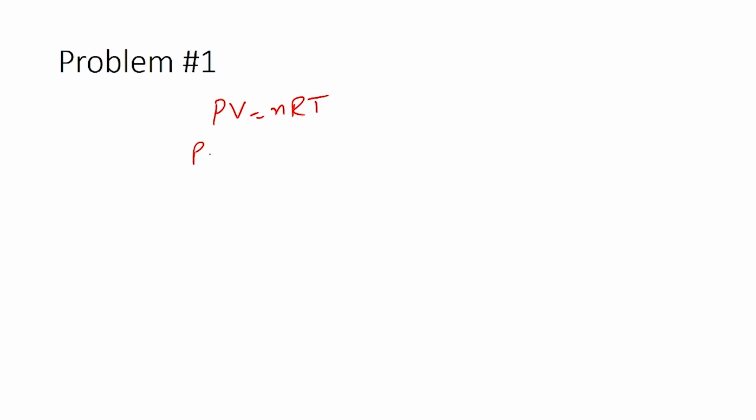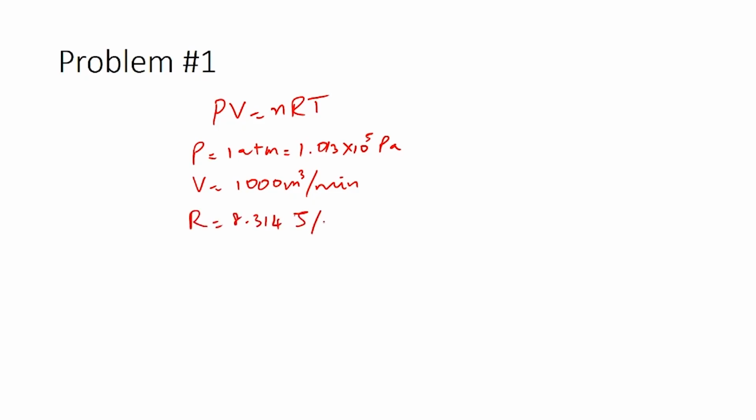So here P is 1 atmosphere, which is equal to 1.013 times 10 power 5 pascals, and volume is 1000 meter cube per minute, and R would be 8.314 joules per mole Kelvin, and temperature is 303 Kelvin or 30 degrees Celsius.